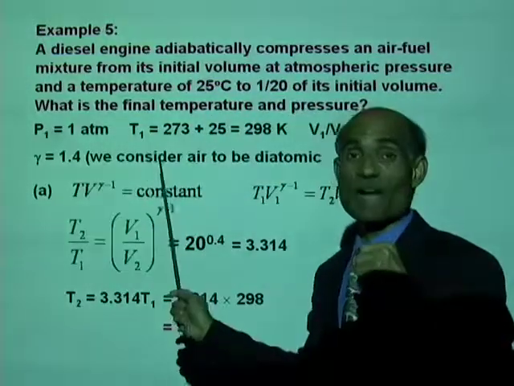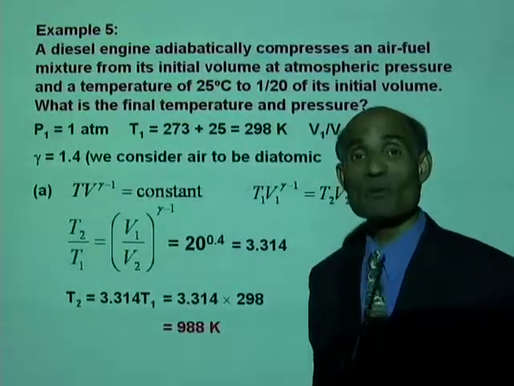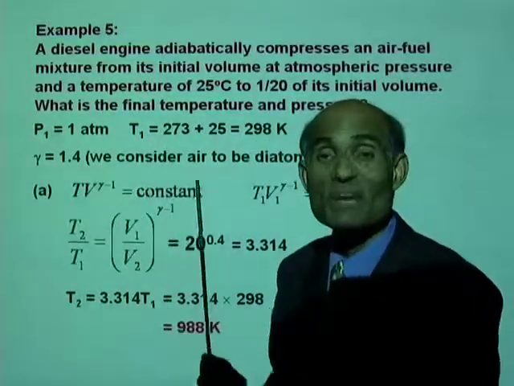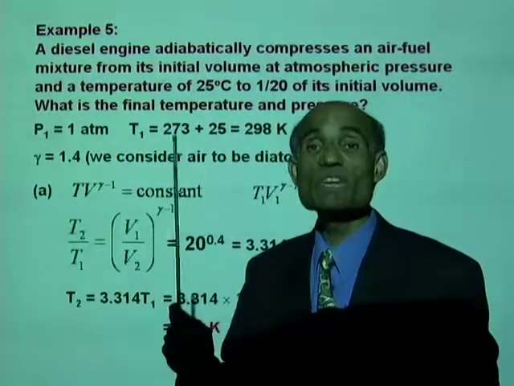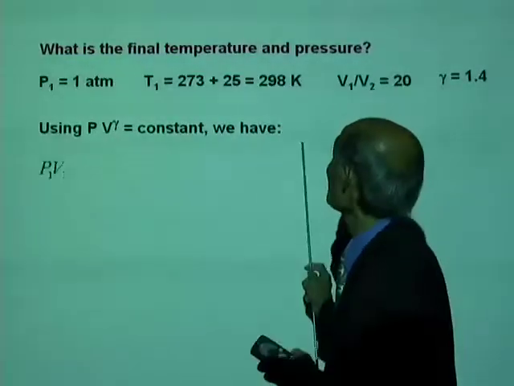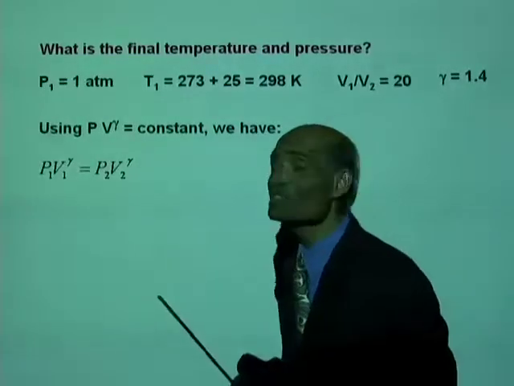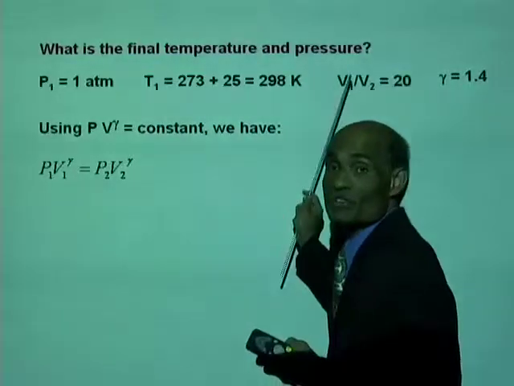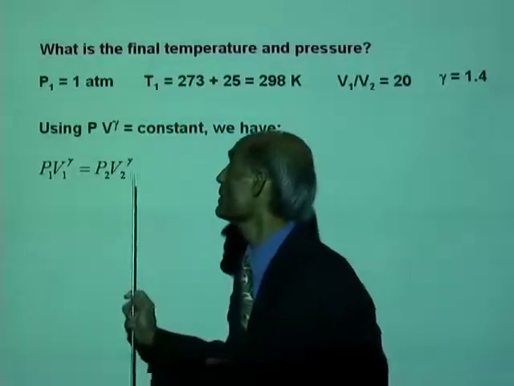We're going to find the pressure now. We need to find the final pressure. How do you find the final pressure? In place of this equation, we now use the second equation for adiabatic expansion or compression: P V to the power of gamma is a constant. So P1 V1 to the power of gamma equals P2 V2 to the power of gamma. Rewrite this equation so that it contains V1 over V2.